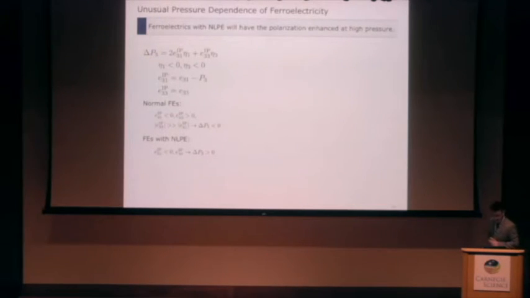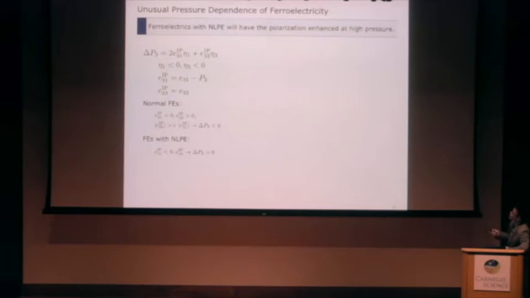So a natural consequence of negative piezoelectric response is the pressure-enhanced ferroelectricity. So this gives a very general explanation. Delta P3 is the pressure-induced polarization change. Because now we need to consider the effect from volume change, we need to use the improper piezoelectric coefficients.